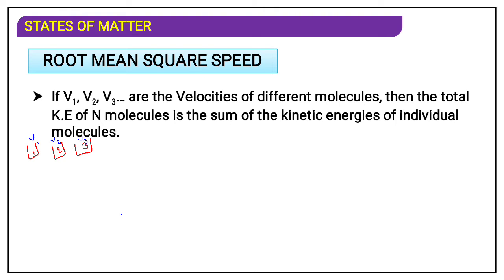Then, regarding the total kinetic energy of these molecules, suppose the first gas has n molecules, the second gas also contains n molecules, and the third gas also contains n molecules.